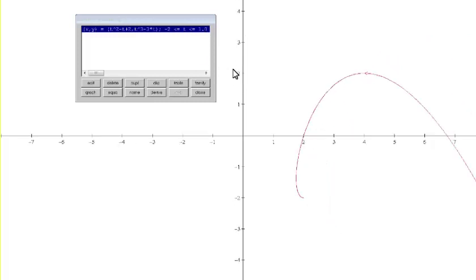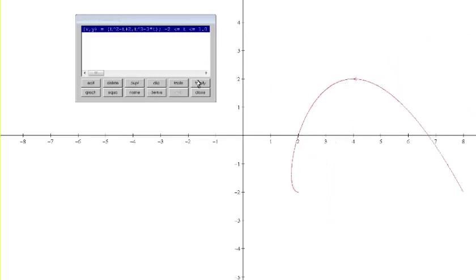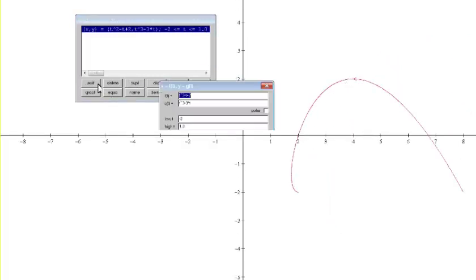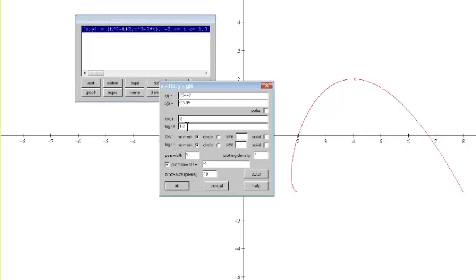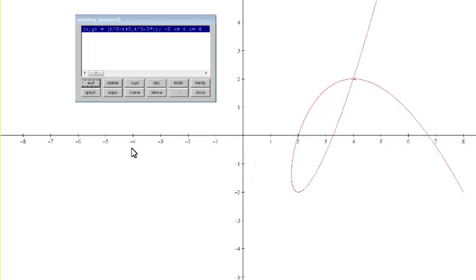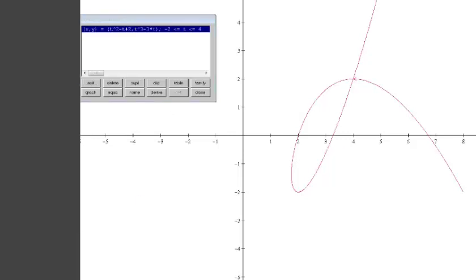But if I increase the t, I'm going to go to a t of maybe 4 and see what happens. So that's what it looks like right there. We're still at t equals -1, y equals 2. So it has this kind of loop-de-loop shape, so I thought you might be interested in seeing that.